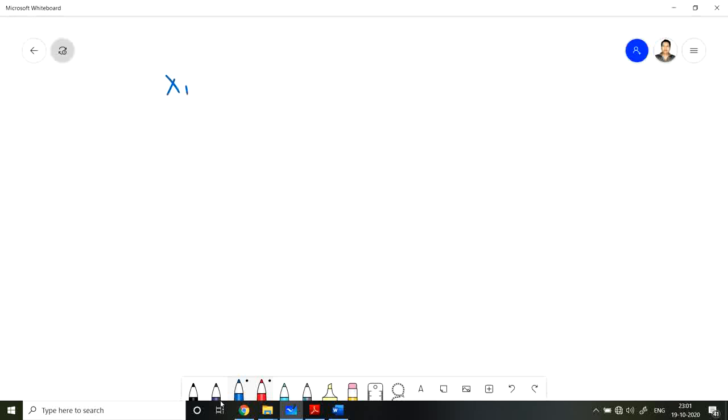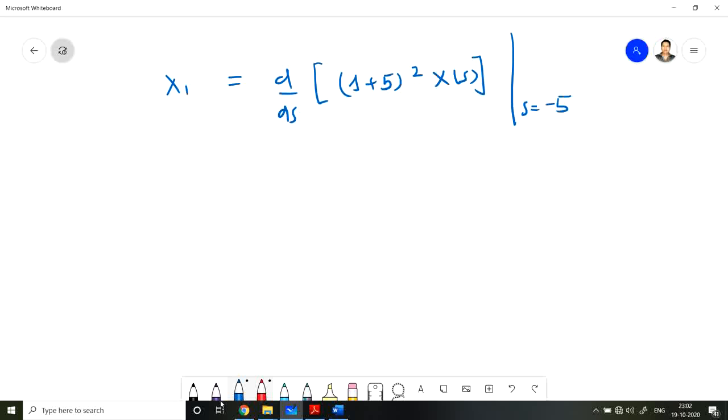Now what is lambda 1? Lambda 1 is equals to d by ds of (s plus 5) square into X(s) at s equals minus 5. This is the method to find out the value of lambda 1. So what is the value of lambda 1?